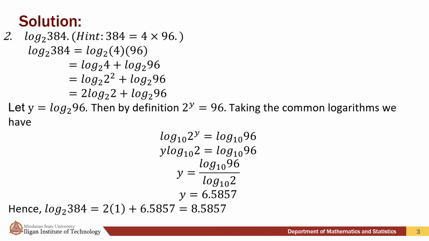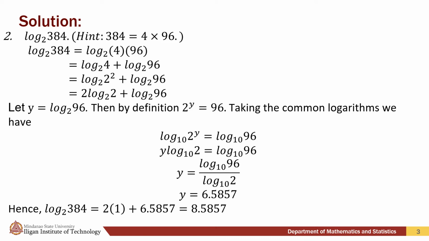For the solution of number 2, we have the following. The logarithm of 384 to the base 2 can be rewritten as the logarithm of 4 times 96 to the base 2. This is because 384 can be rewritten as 4 times 96. The logarithm now of 4 times 96 to the base 2 can be rewritten as the logarithm of 4 to the base 2 plus the logarithm of 96 to the base 2.